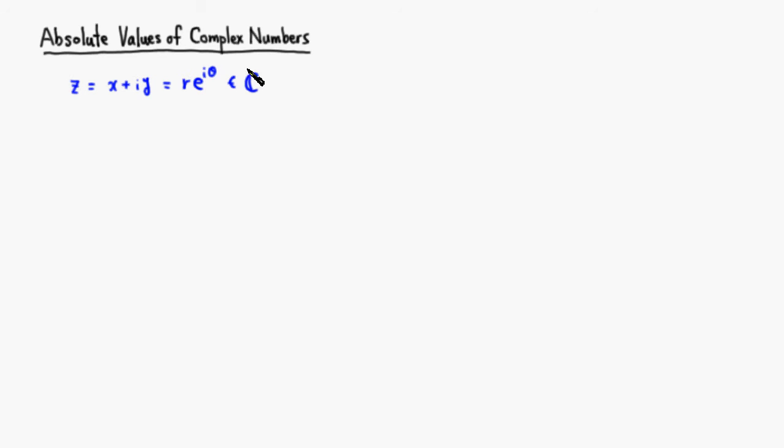And what we want to do is find its absolute value. So the absolute value of z is simply the square root of x squared plus y squared.